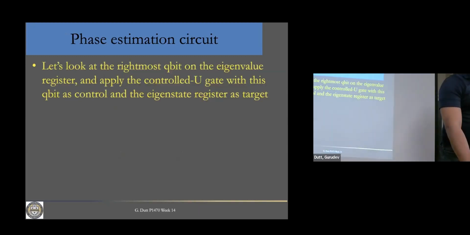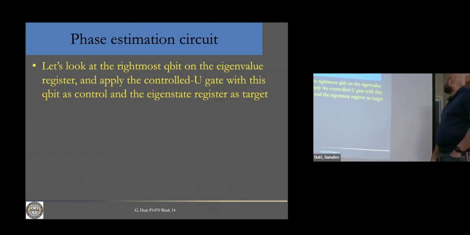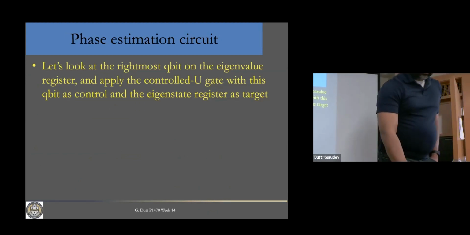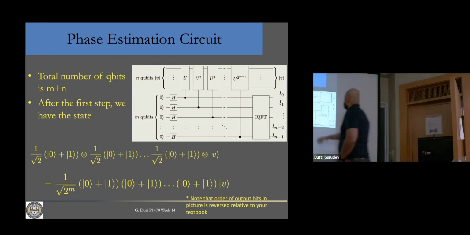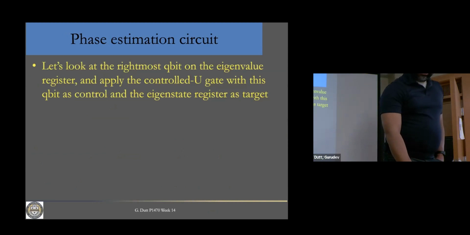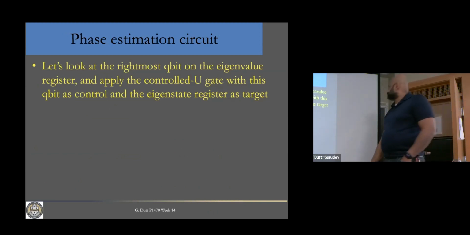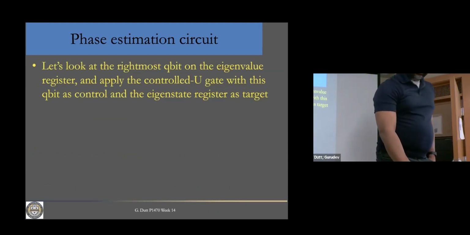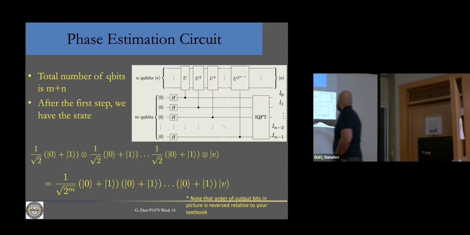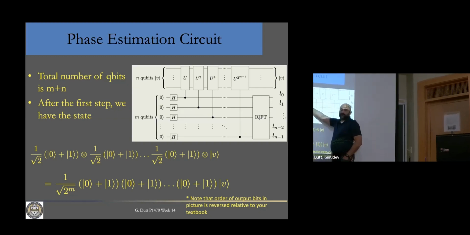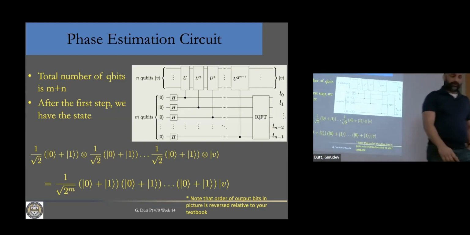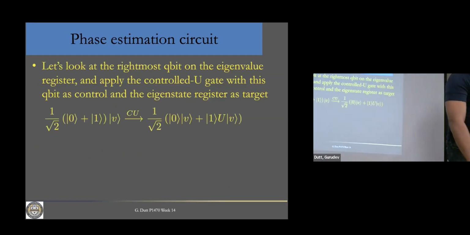Let's look at the rightmost qubit on the eigenvalue register, which would be the top qubit in our usual convention. We're going to apply a controlled U gate with this qubit as the control and the eigenstate register as the target. That is this first controlled U, which takes this as the control and applies a U gate to the eigenstate register.